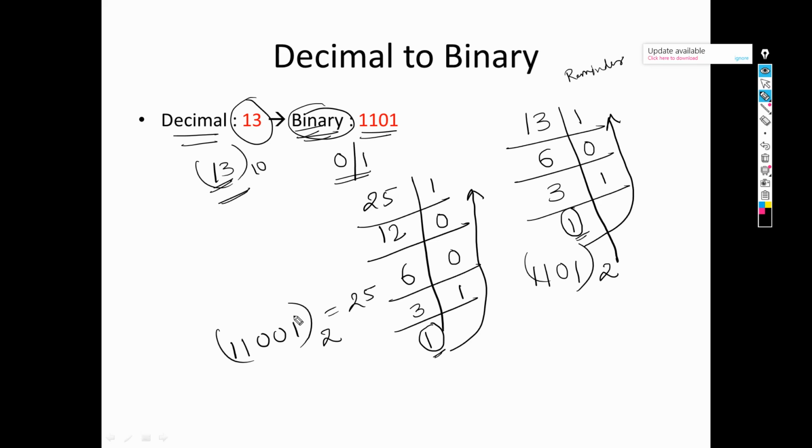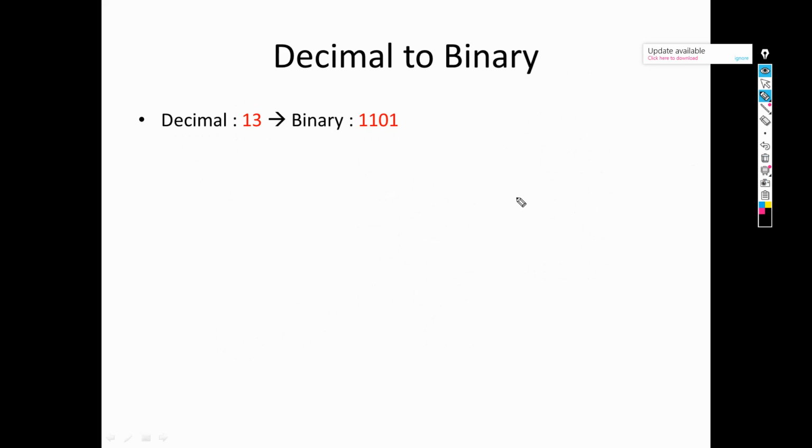Another way I want to show you, there is another way. Since the binary number system is a collection of 0 and 1, only two digits are possible, what we can do is use powers.